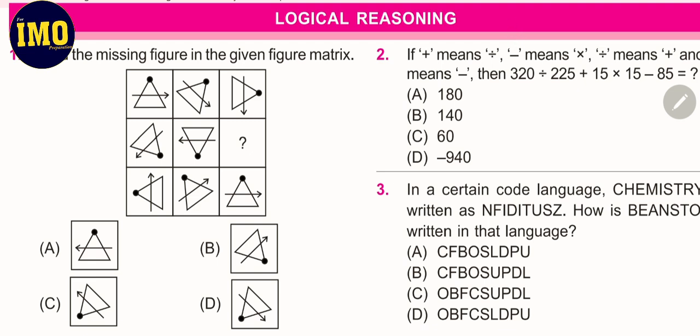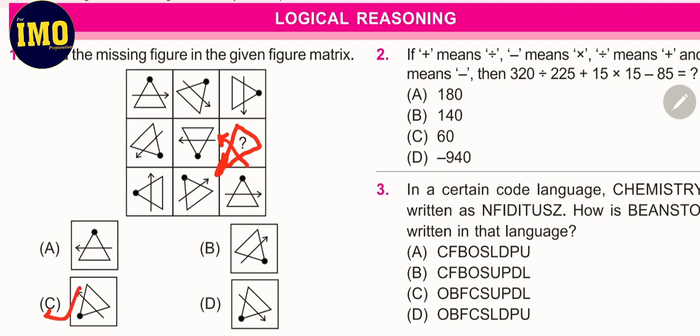Here the first triangle is tilted at 45 degrees, then in the next position it is tilted further. So it rotates clockwise, and the next figure should be in this way, with the arrow. Yes, C will be the correct answer for this.